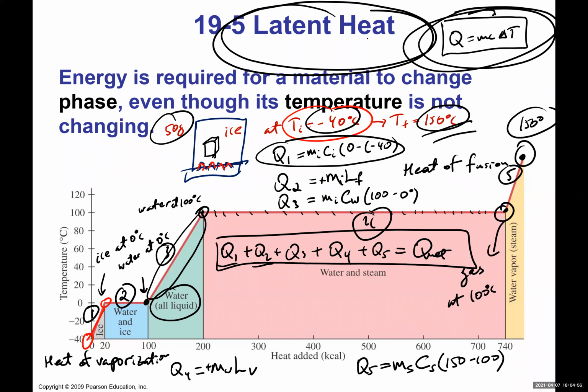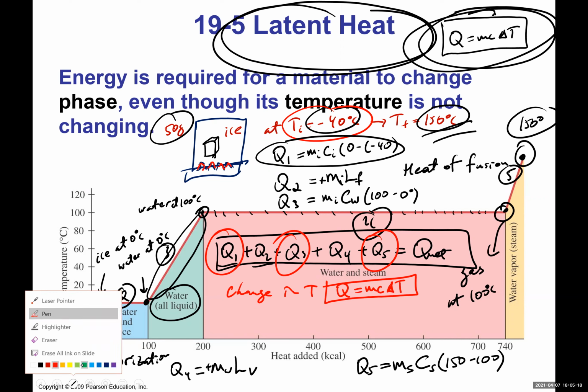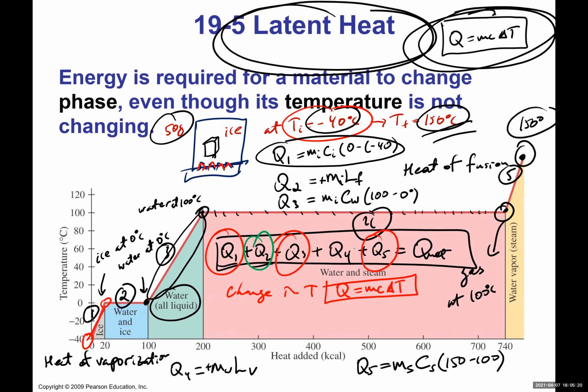So we have to take all of those into account because we have two types of equations. Q1, Q3, and Q5 are the stages where there's a change in temperature, and we use the equation Q equals MC delta T. That's the change in temperature equation. But for Q2 and Q4, there is a change in phase.